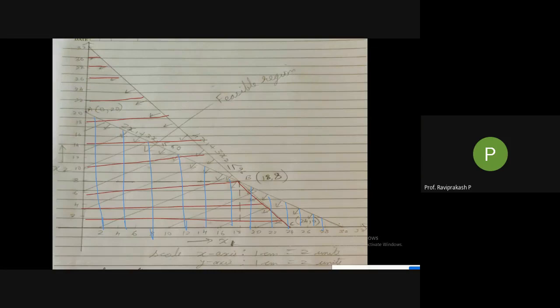I am interested in where both the areas are coinciding. Here I have only the area of this particular line, so I have to leave this area. This area is gone.